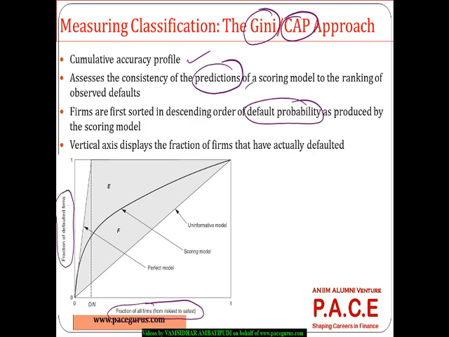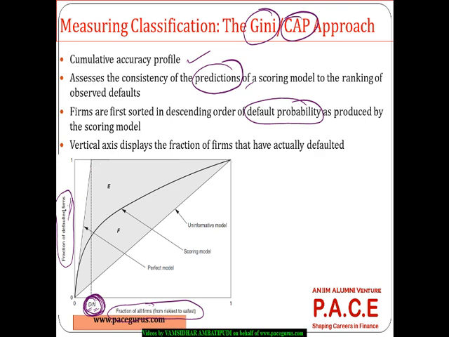And on the vertical axis, I'm taking the fraction of those firms which have defaulted. Now this is where I'm talking about a point which is the ratio of the defaults to the total number. Right now, if I'm looking at the fraction of all the firms, this is the fraction of all the firms, and this is the fraction of defaulted firms.